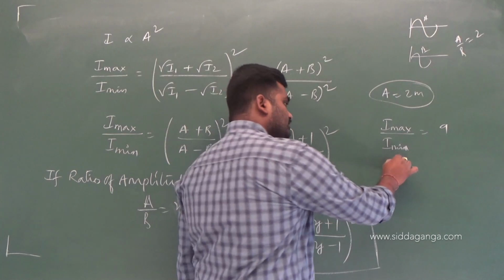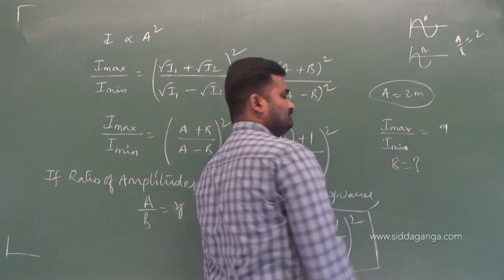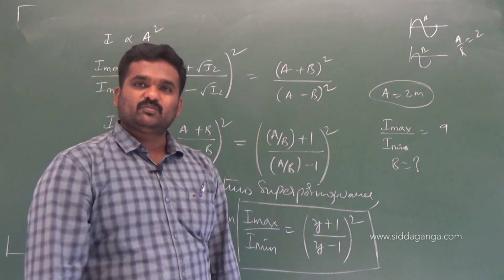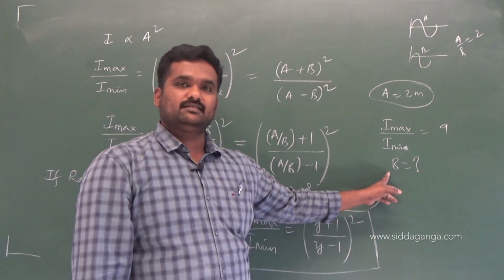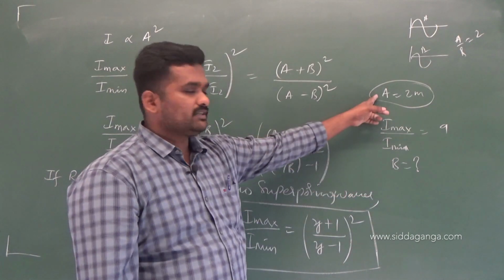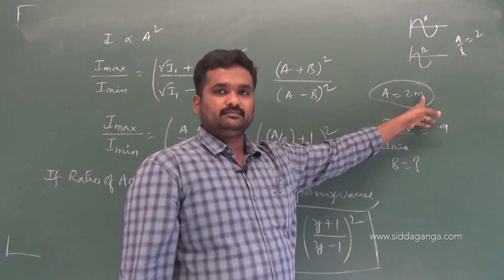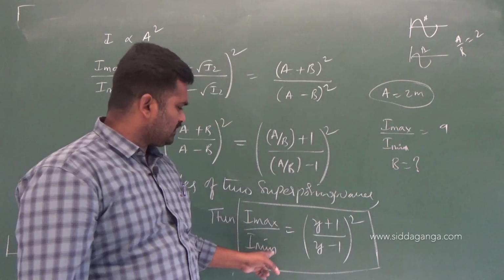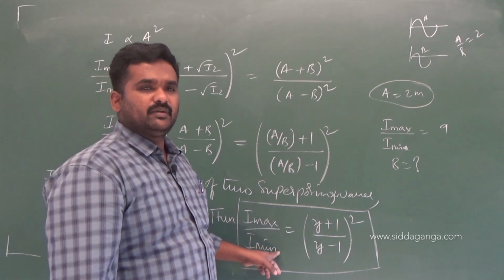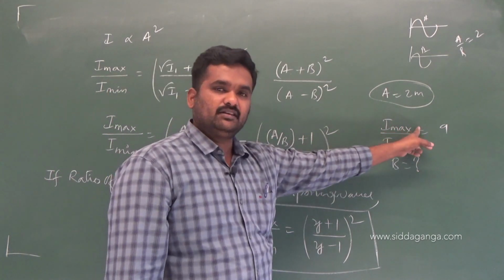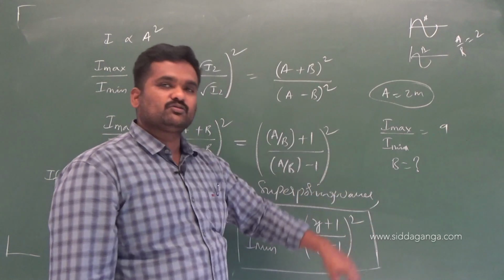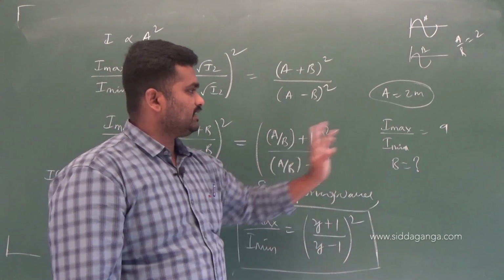Then what is the amplitude of the other wave, they will ask. How to solve for it? Firstly, the amplitude of the first superposing wave is 2 meters, and the ratio of maximum to minimum intensity is 9. What is the amplitude of the second superposing wave? That's what they are asking.